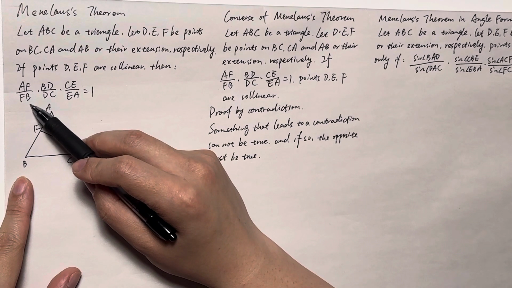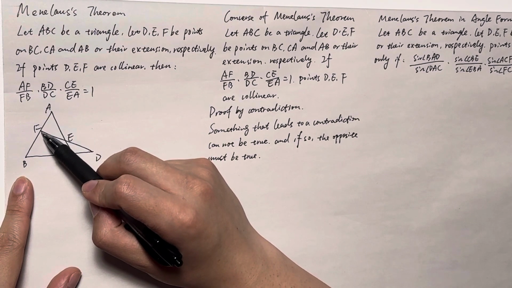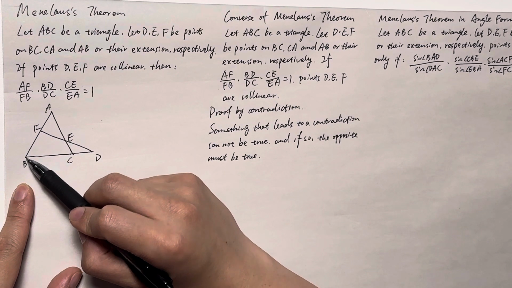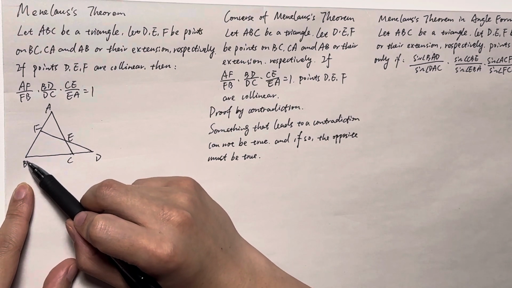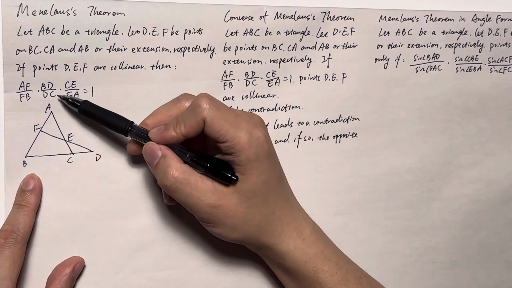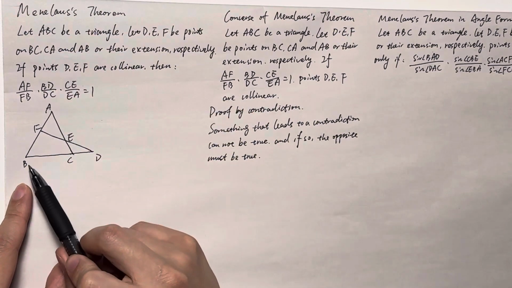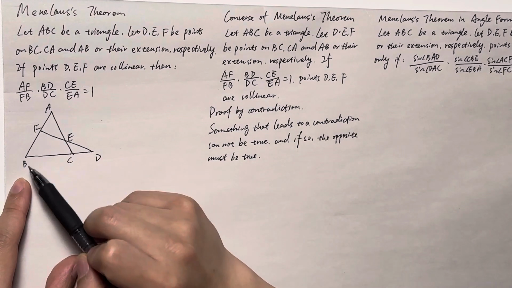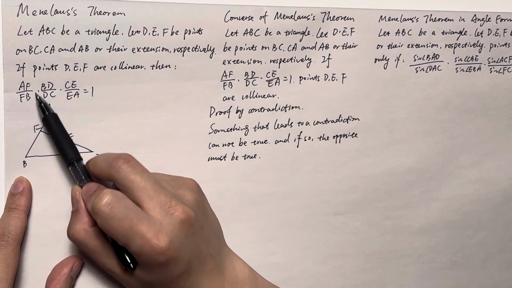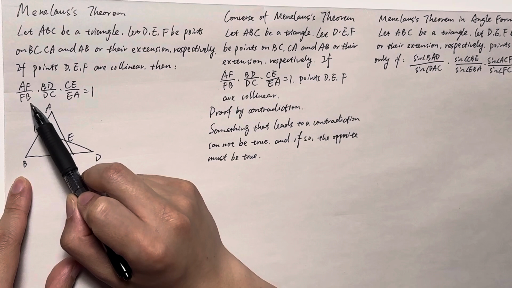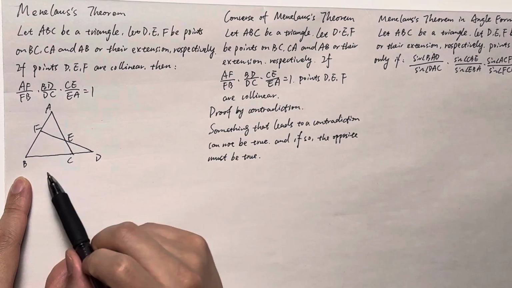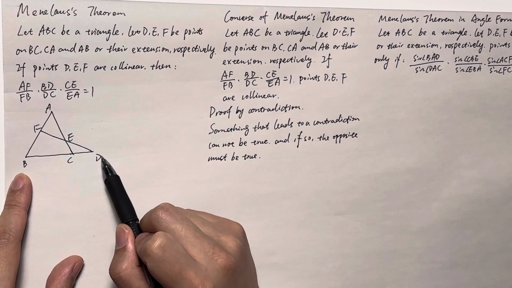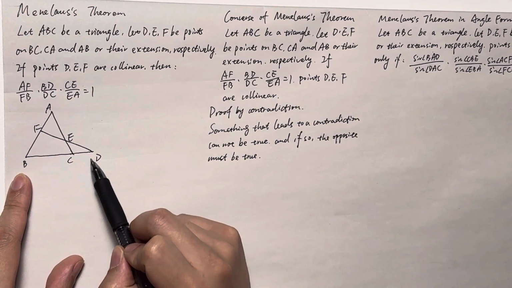And for the denominator, it starts from the intersection point F and stops at the vertex B. And for the second term, it starts from the vertex B, which is the same vertex as the previous term's denominator, and stops at the intersection point, right? So that's BD.